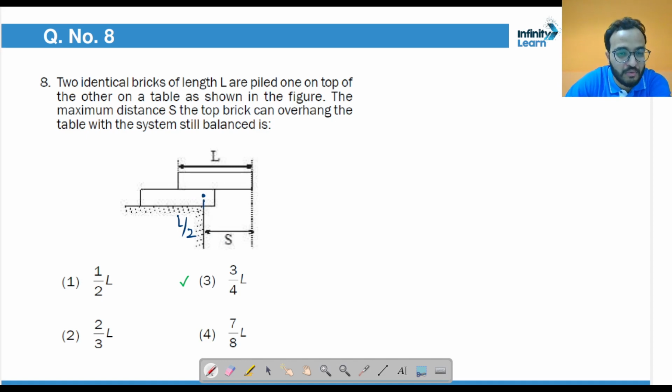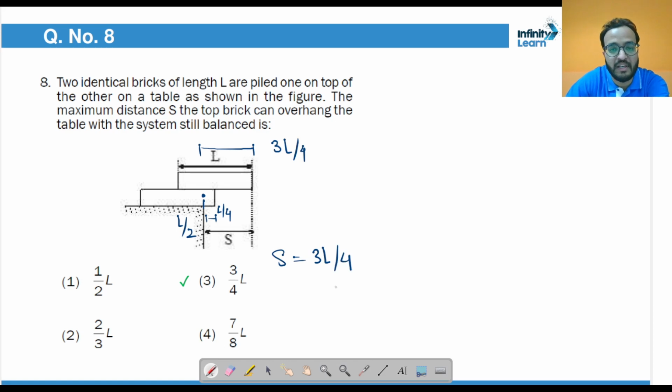And if you see closely, this distance is L by 4, right? And this total distance is 3L by 4. So what is S? S is 3L by 4.